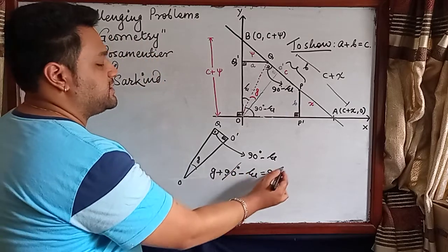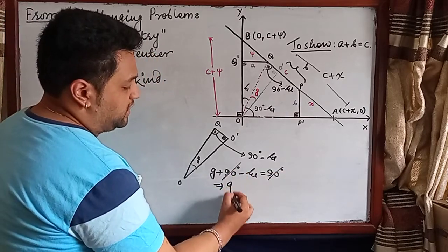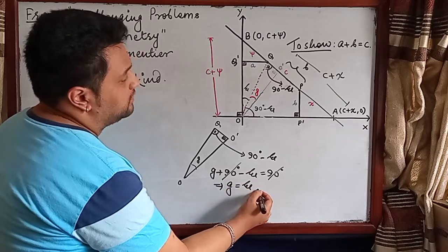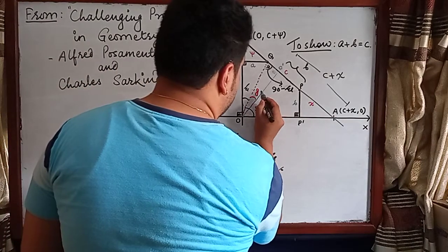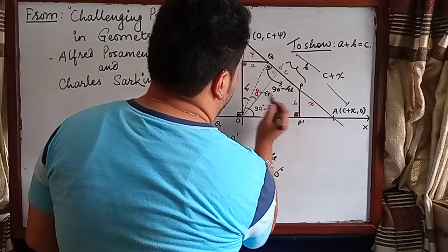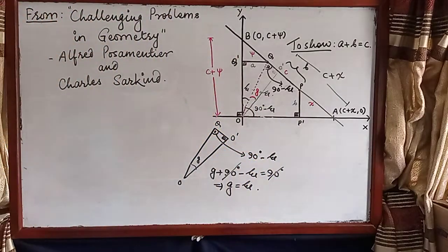So this 90 cancels this 90, and G is equal to xi.